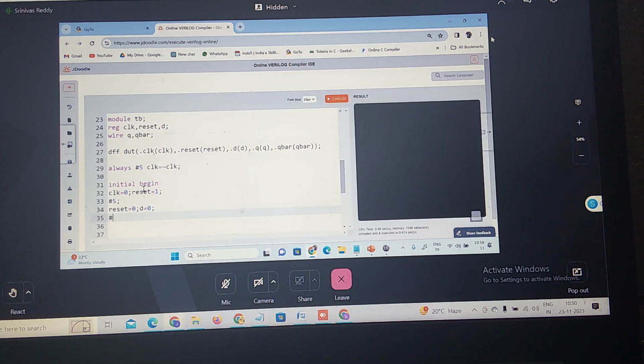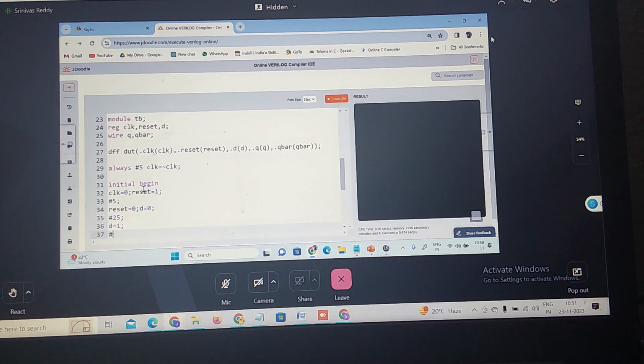So let me give at time 25. Reset is 0 already. Now I'm going to make d equal to 1. Correct.